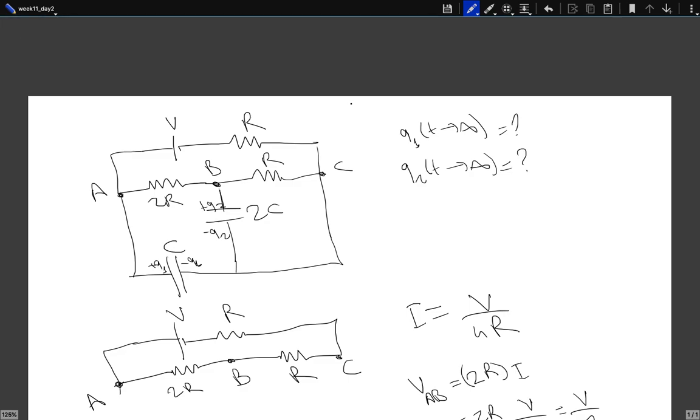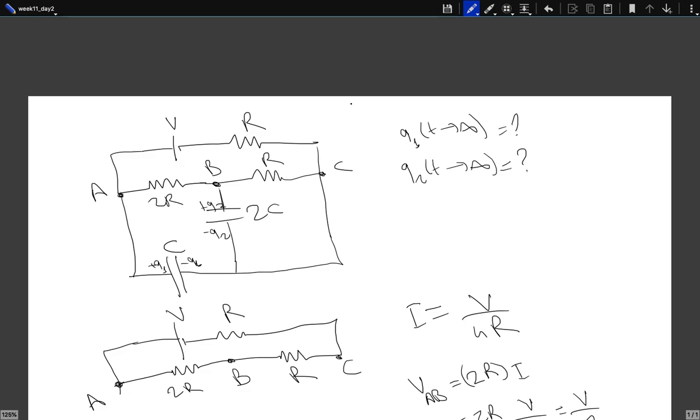Now, what is the potential difference across this capacitor in terms of VAB, VAC, VBC? Well, first let's see what it is. The potential is just VAC. You see this point and this point, since there is no resistance here, they are at the same potential.